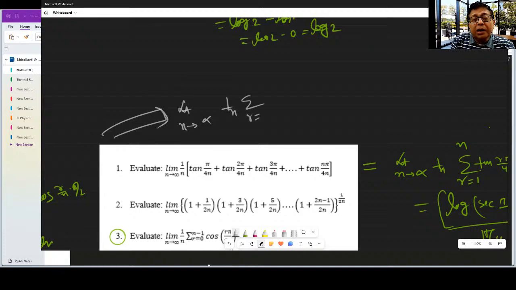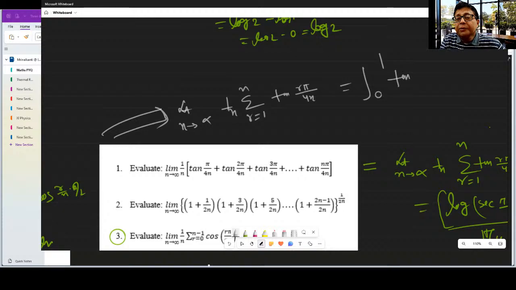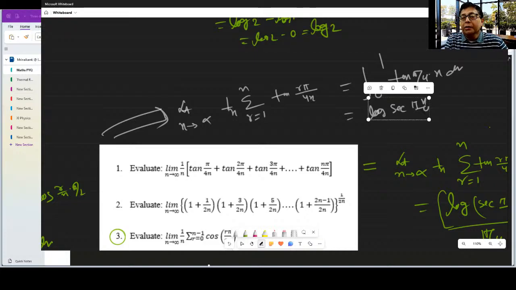Sigma R equal to 1 to n tan R pi by 4n. Okay? R by n is x, so 0 to 1 tan of, this you write log of sec of pi x by 4 divided by pi by 4.